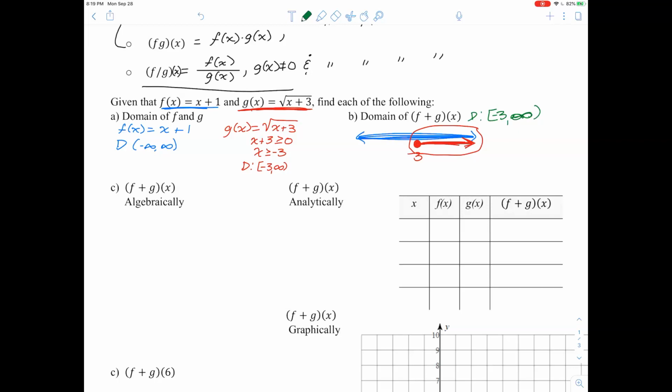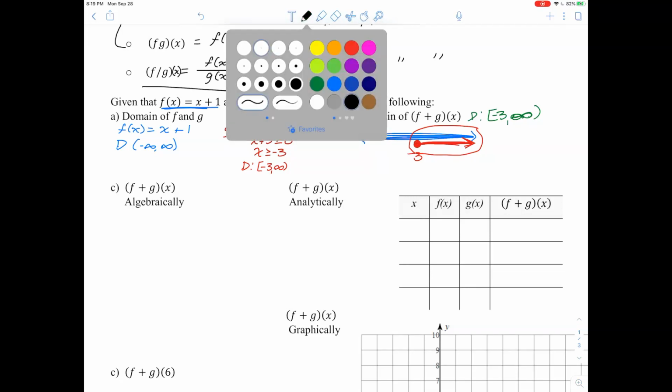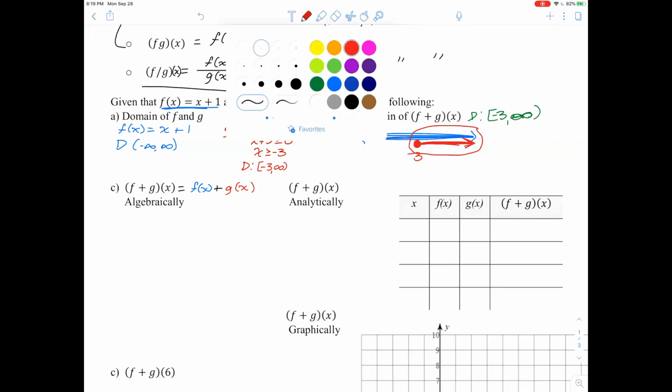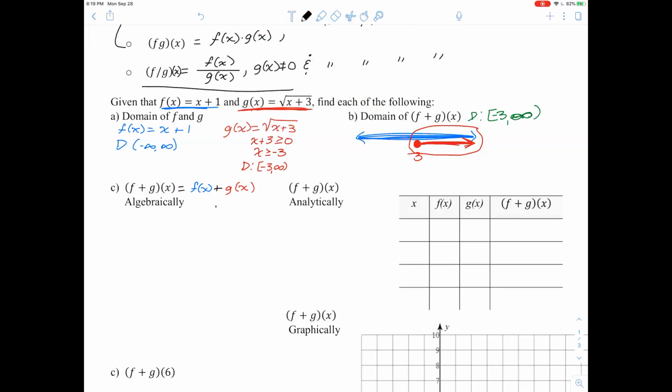Okay, so now let's add these two functions algebraically. So the f plus g of x really means the f of x plus the g of x. So I'm just going to remove the f of x and the g of x and substitute in the other side of those equations or their values. So this would look like this.